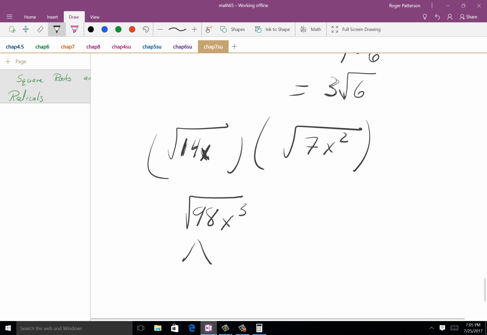Okay, now we got to break it down. So see, now I have to find the largest perfect square that goes into 98 evenly. So I have to go back up to my chart and find that largest number.